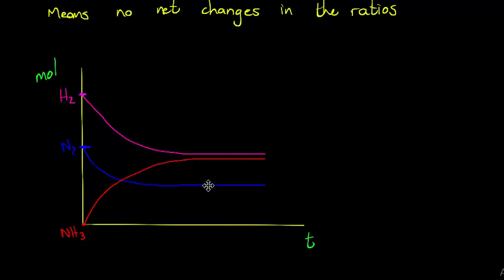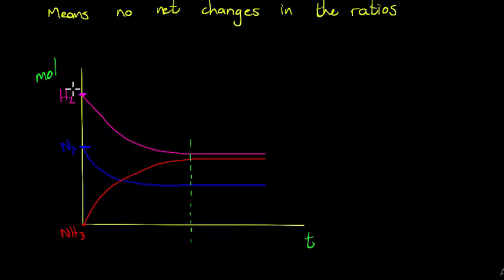And the moment it has reached these horizontal lines is the moment that it has reached equilibrium. So at this point, we have reached chemical dynamic equilibrium, because from here on outwards, the reaction rates are equal. It does not mean that there is no reaction, right? Even though the slope is 0 in this case, it doesn't mean that there is no reaction.